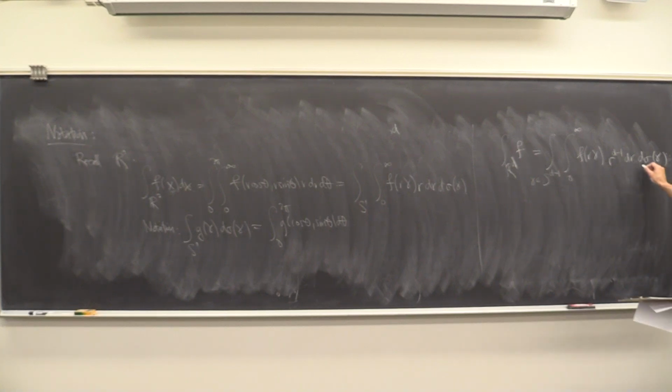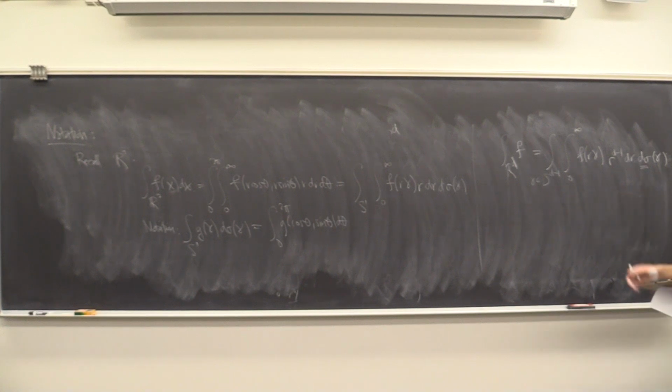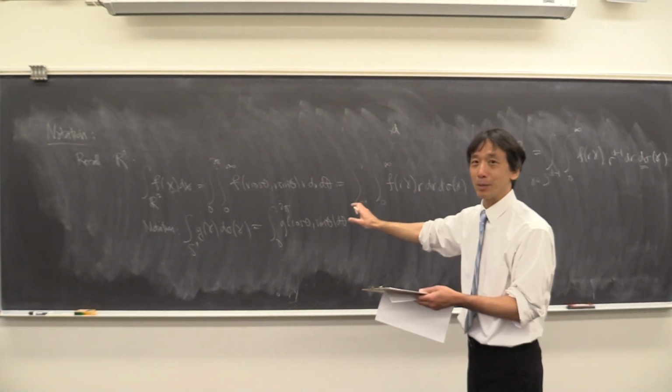But in reality, this is a measure, right? This is actually a measure on this surface, and then you're integrating with respect to that measure. But effectively, it's the same thing as saying something like this.